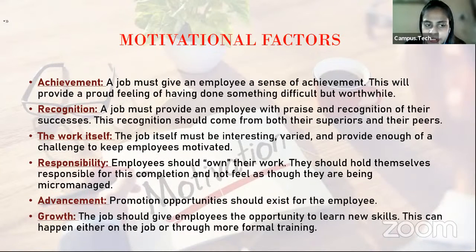So the motivational factors are: first is achievement. A job must give an employee a sense of achievement. This will provide a proud feeling of having done something difficult or worthwhile. If your employees are showing you results, generating good returns, and you are being benefited, the job must give them the sense of achievement, that yes, you have achieved something.